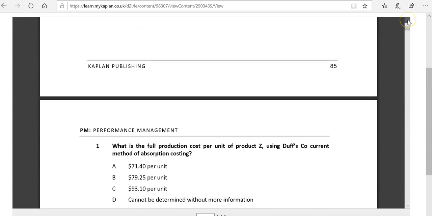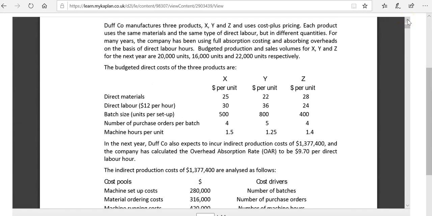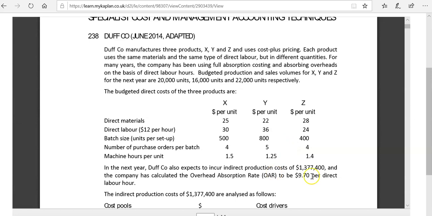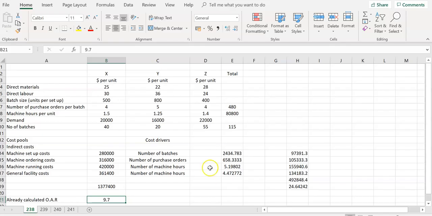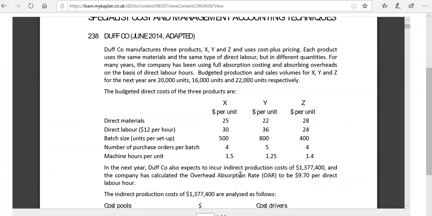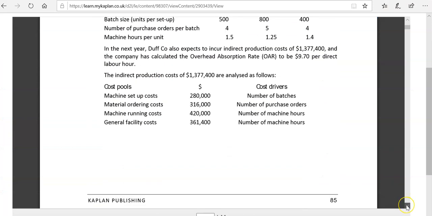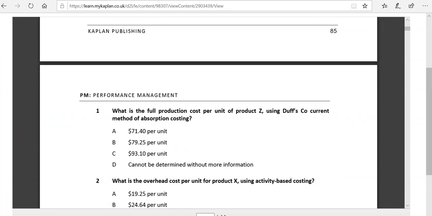They currently do this thing where they say, okay, listen, where is it? Yes, here we are. In the next year, they expect, and the company has currently calculated this to be £9.70 per direct labor hour. That's what they currently do. So I know it's £9.70 per direct labor hour. They've told me to do this for Z. Okay, great.